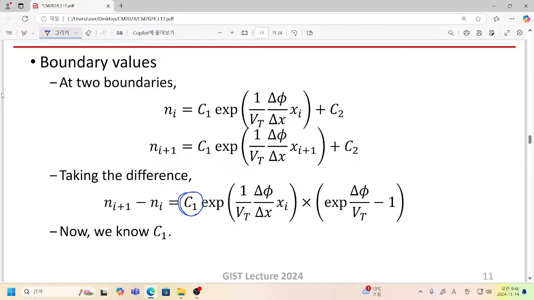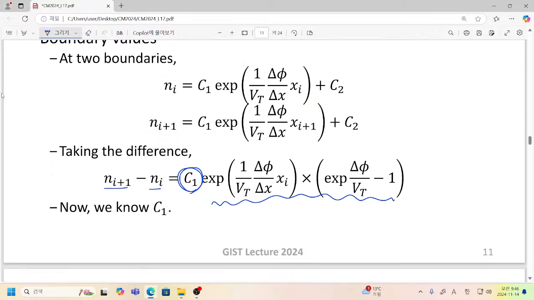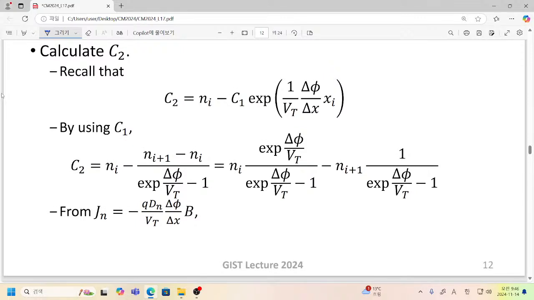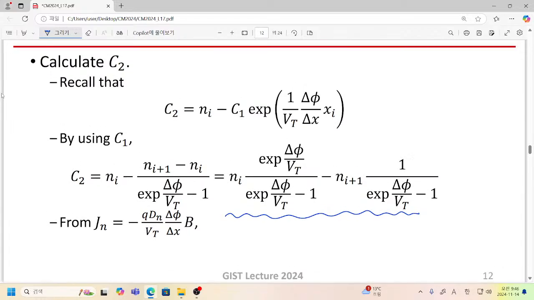So anyway, by doing all of these steps, you can find that the C1 coefficient can be written as n sub i plus 1 minus n sub i divided by a quite complicated function. And how about C2? Our C2 coefficient is also given as a quite complicated function. Why do we have this complication?